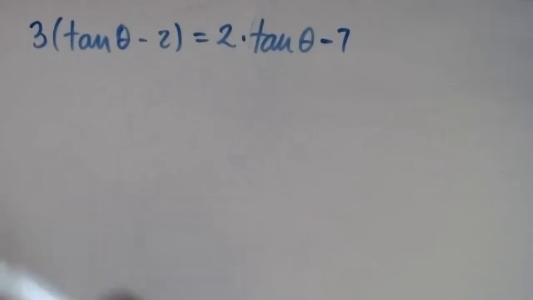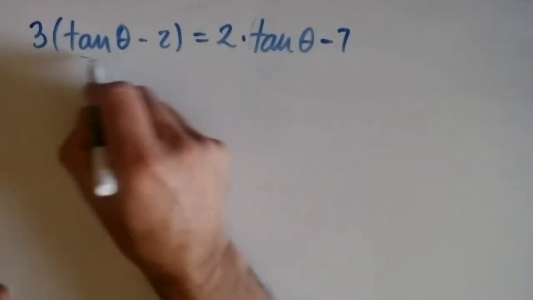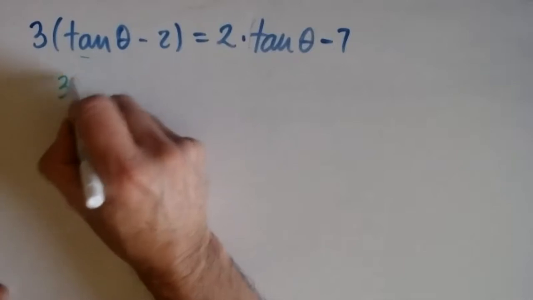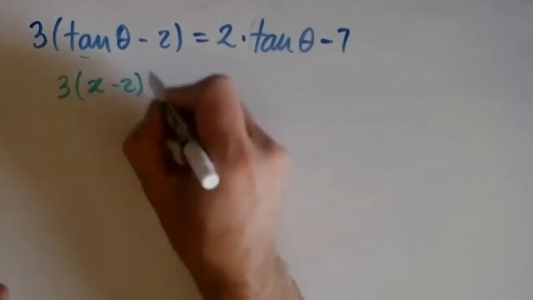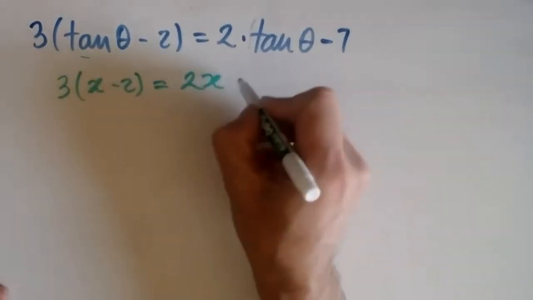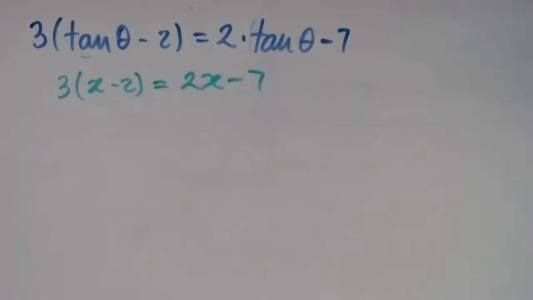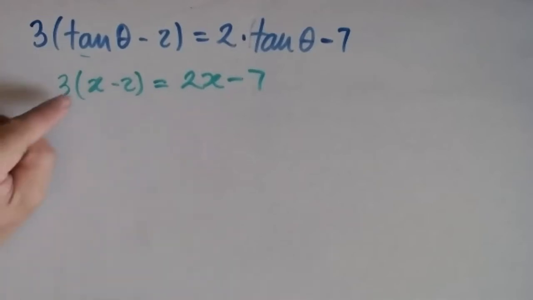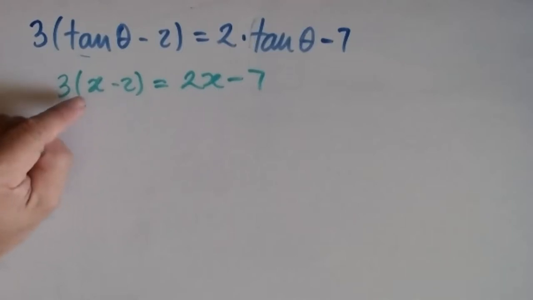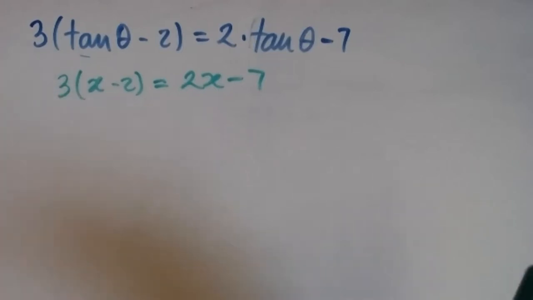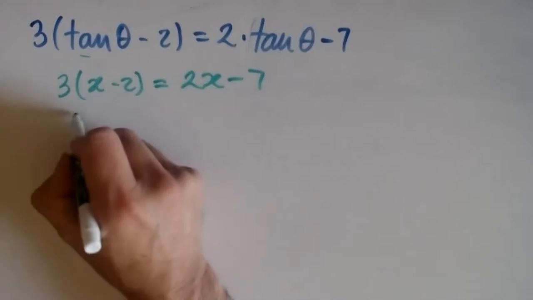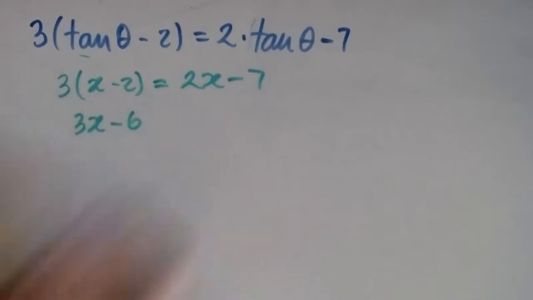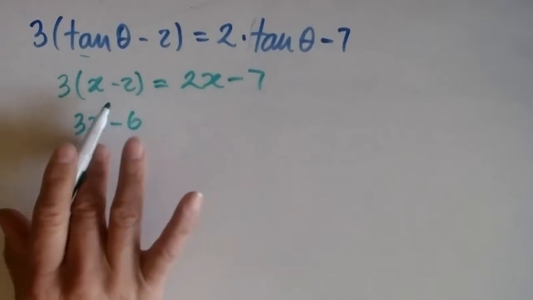Tangent of theta is the same thing. So I'm going to visualize my variable tangent theta as an x. So I'm going to have 3x minus 2 equals 2x minus 7. Now, this is something everybody knows how to solve. Everybody solves this linear equation. The only thing you have to do is break the parentheses, combine like terms, and solve. So this is going to be 3x minus 6. Don't forget to multiply both.